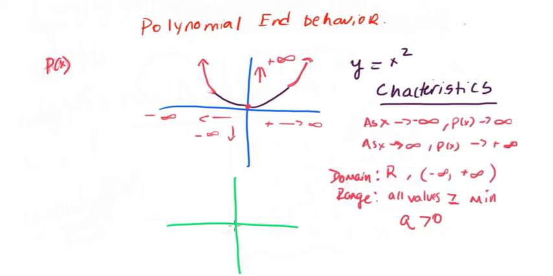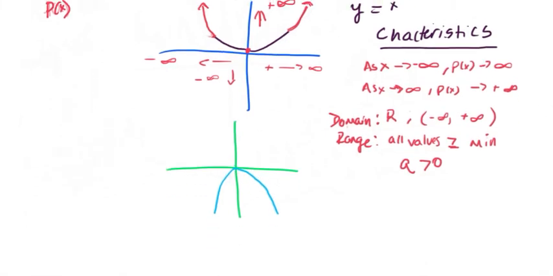Let me try this again to draw this parent function here. Okay, perfect. That'll do. All right, what are the characteristics of this function when the leading coefficient is less than 0 for an even function?